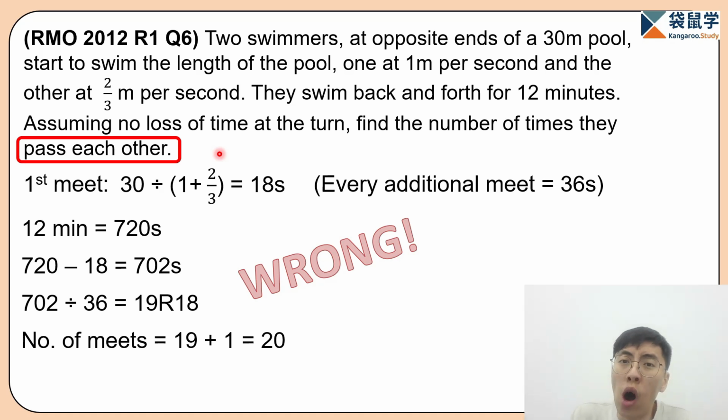So we are not able to use this method, where every additional meet is 2 additional trips, to solve the question. Instead, I'll introduce to all of you a new method to solve this type of problem where they pass each other.